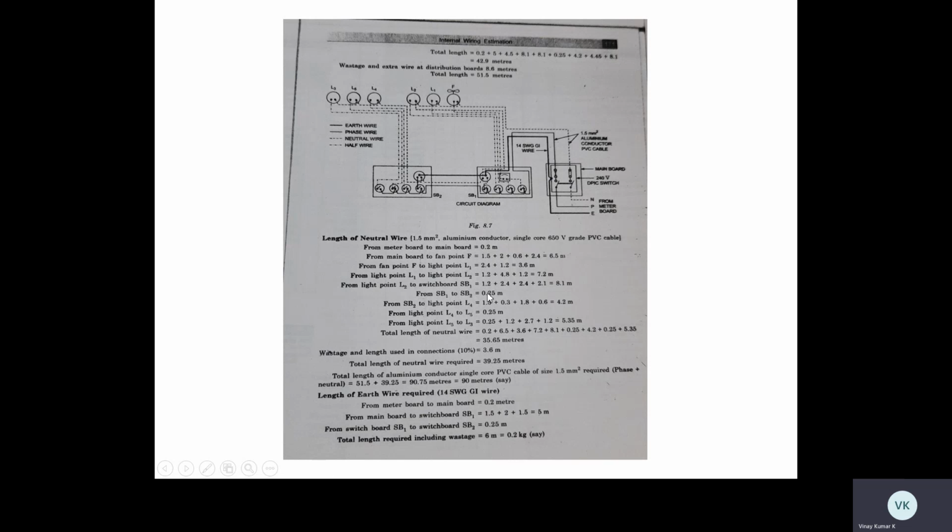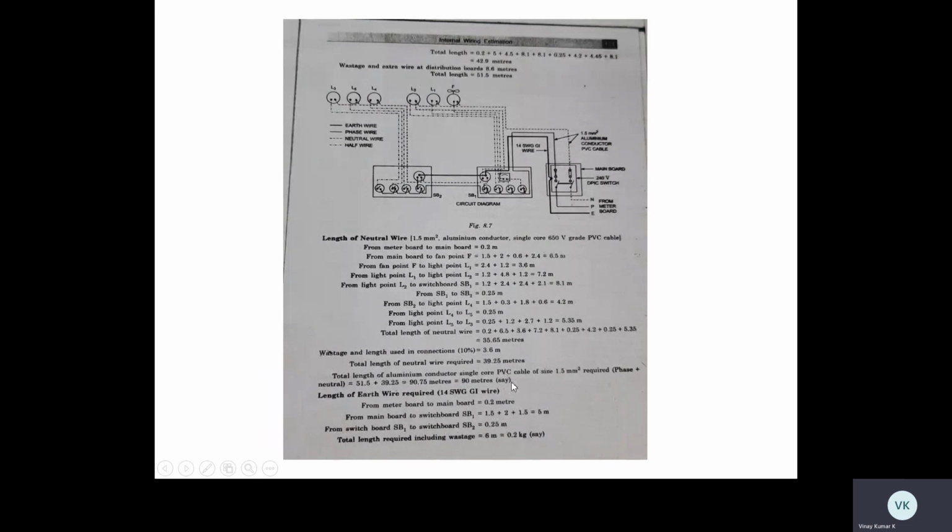Same here, SB1, SB2 wall, from SB2 to lamp 4, lamp 4 to lamp 5, lamp 5 to lamp 3, total length 36.5, and wastage of 3.6, total 39.25. 39.25 and 50 totally gives 90 meters. And here what I told, the casing capping required is 28 meters. Just multiply by 3. It's about 30 meters. 30 into 3, 90 meters. See here, 90 meters. This is how you can calculate.